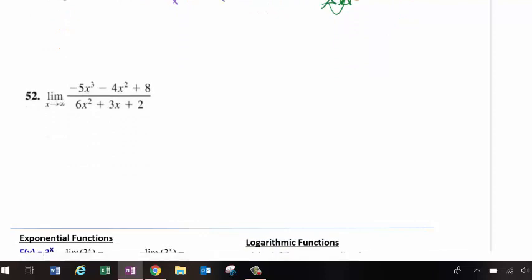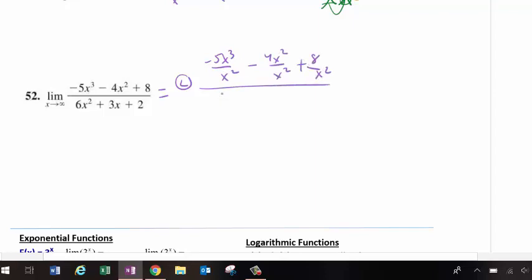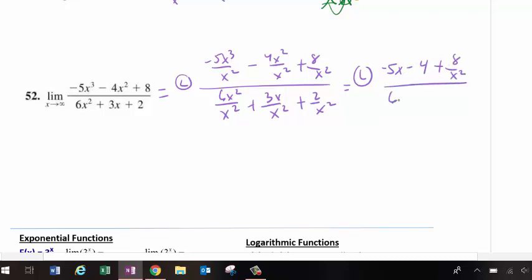Going to number 54, I'm going to divide every term by x squared. Get a negative 5x minus 4 plus 8 over x squared, over 6 plus 3 over x plus 2 over x squared. Using my rule, goes to 0, goes to 0. Again, stop and think about this. I do have a 6 in the denominator. That's going to just basically stretch or shrink it.